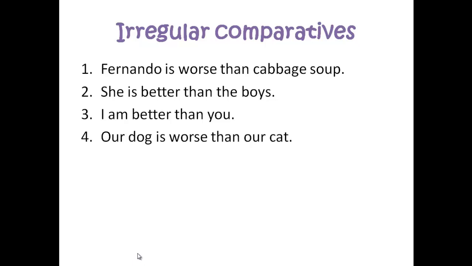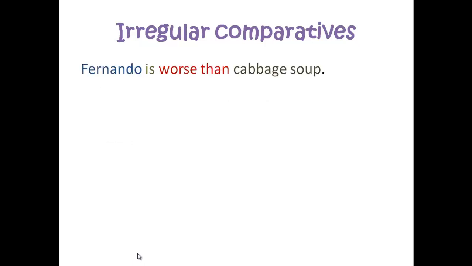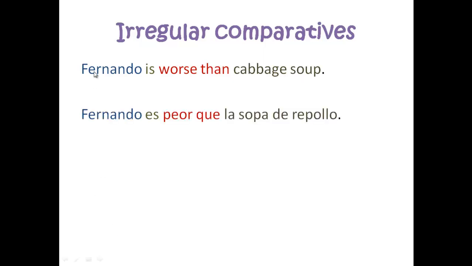Okay, so the first one looks like this. Fernando is worse than cabbage soup. What I've done is I've tried to color code it so it's nice and clear for you. So, Fernando, that much is easy, is S. Worse than, peor que. And then cabbage soup, la sopa de repollo. Now you'll notice that la sopa is feminine, but we haven't gone peora.